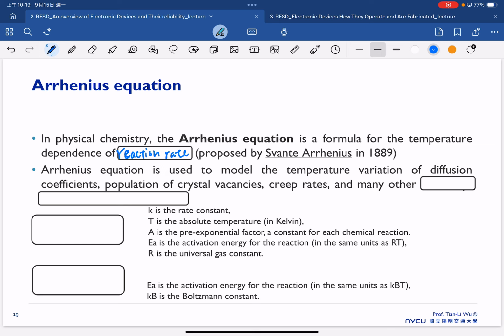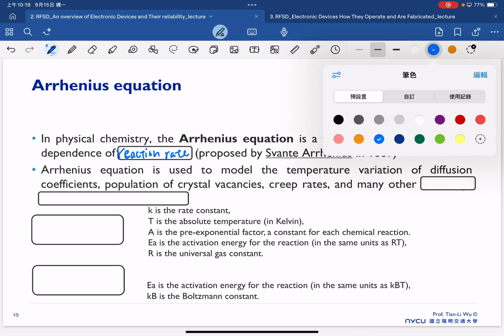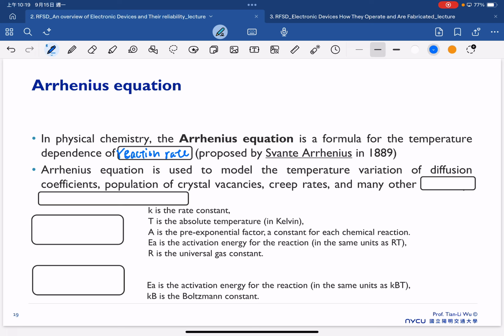This was proposed by the researcher Arrhenius in 1889 here. So this reaction rate is important because we can further consider it as a temperature dependency of the rate.